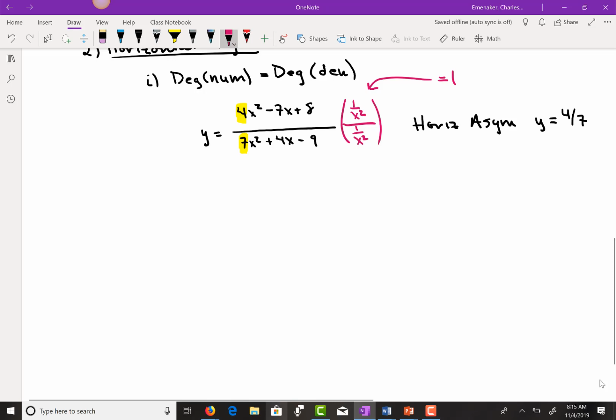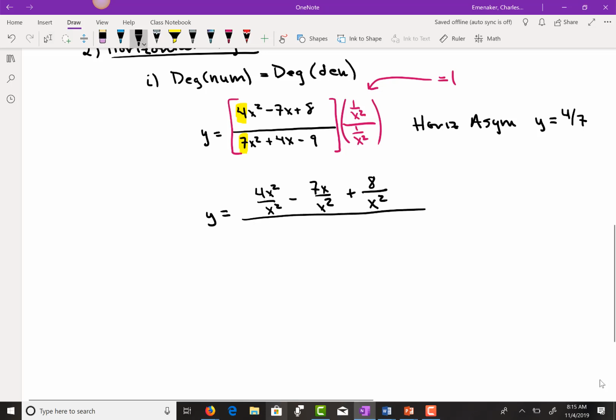However, distribute this 1 over x squared. What we're going to wind up with is 4x squared over x squared minus 7x over x squared plus 8 over x squared in the numerator.